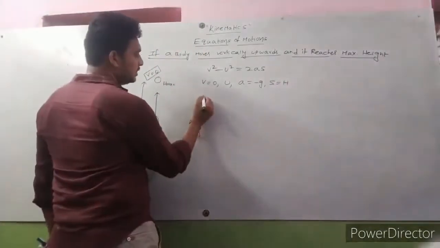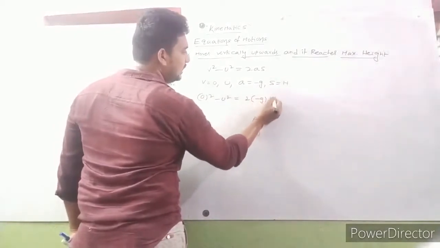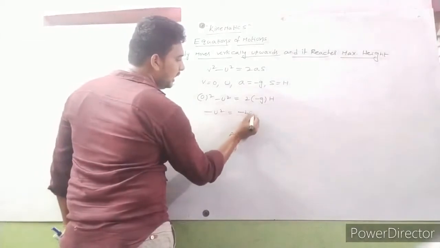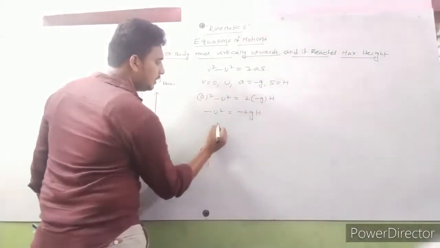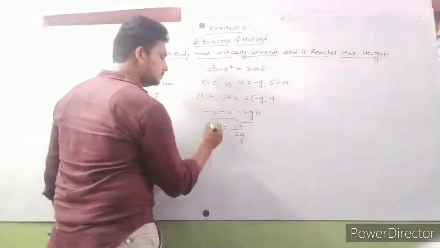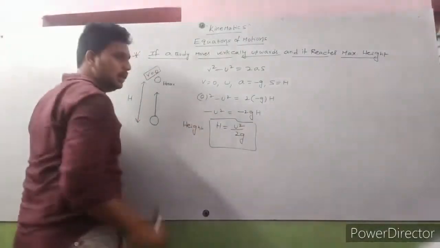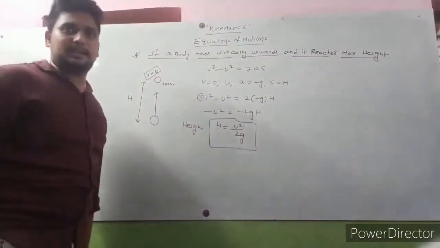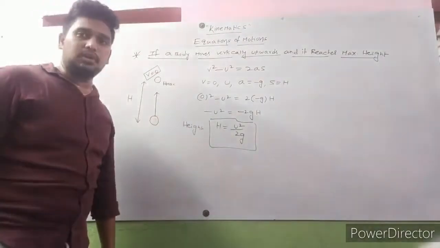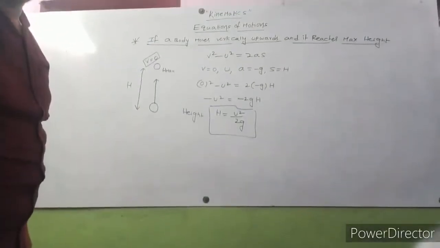So 0² − u² = 2 × (−g) × h. So −u² = −2gh. So h = u²/2g. So this is the height covered by the particle when a body is projected vertically upwards: h = u²/2g.